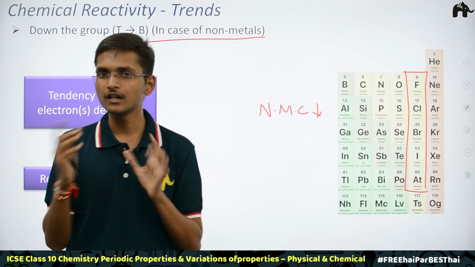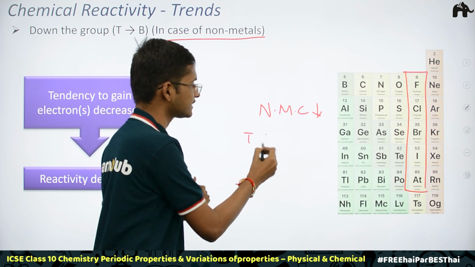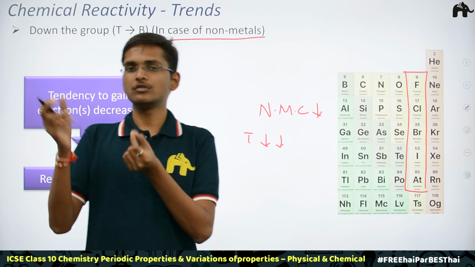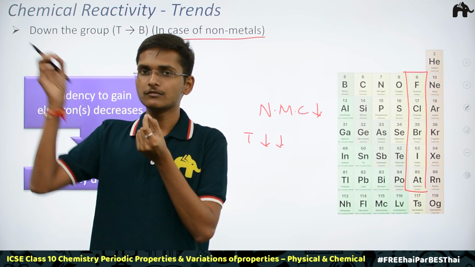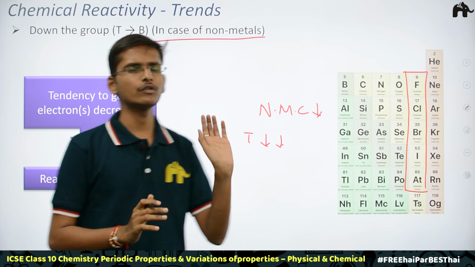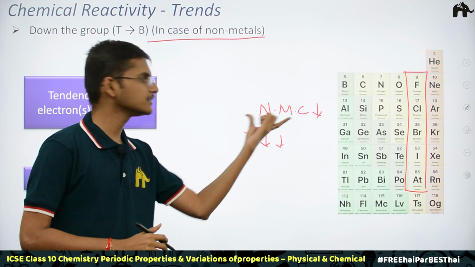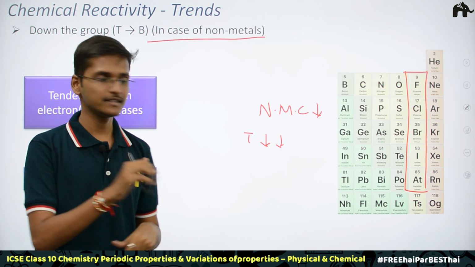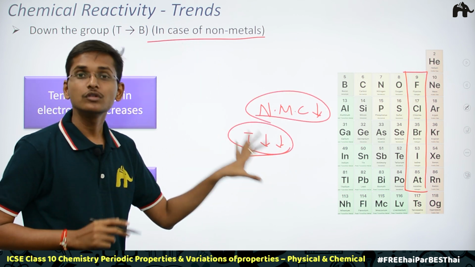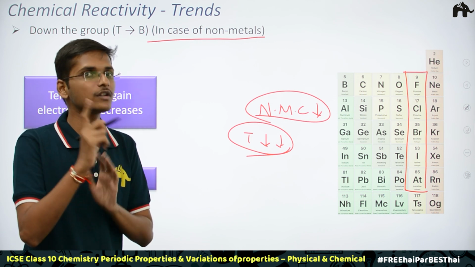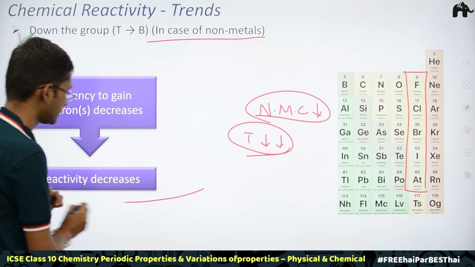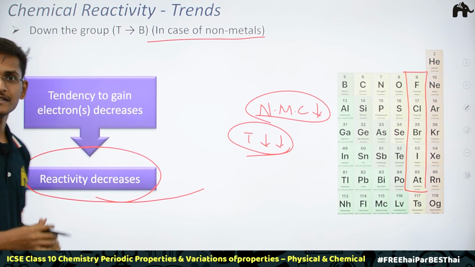So the tendency would decrease more and more. Which tendency? The tendency to gain the electron, okay? Now if the tendency to gain the electron is decreasing, this means non-metallic character is decreasing. And now yes, with this we figured out the tendency to gain the electron is decreasing, right? This means that reactivity is decreasing.